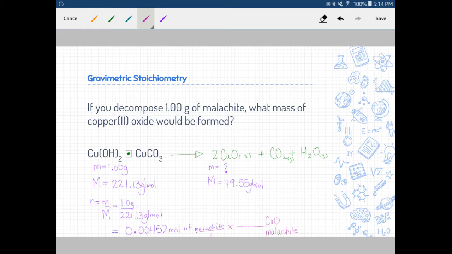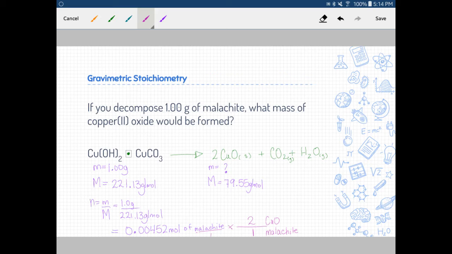When I look at my mole ratio between the 2 entities, I like to write down the number of moles of my entities that I have. This way, it tells me right away that I have 2 moles of copper oxide and 1 mole of malachite. When I figure out this mole ratio, essentially I take this value of my 0.00452 moles, multiply it by 2 and then divide by 1.